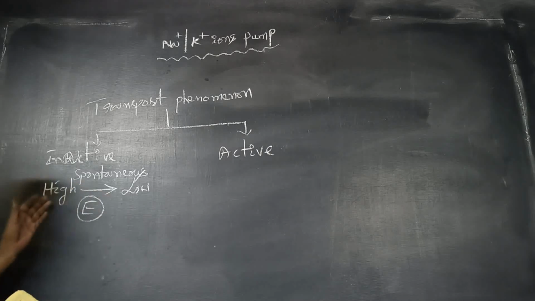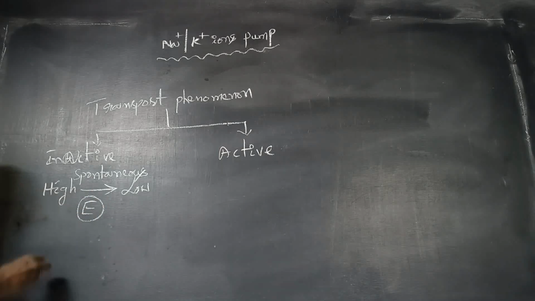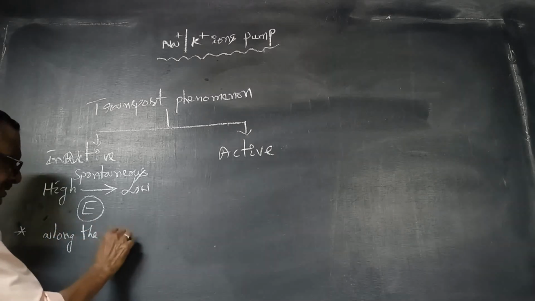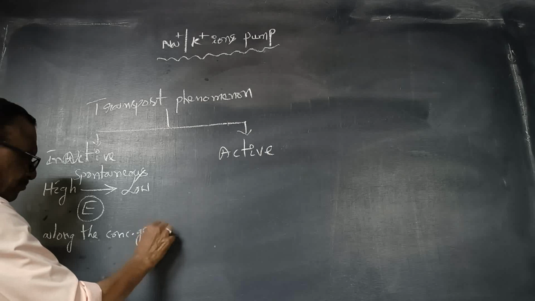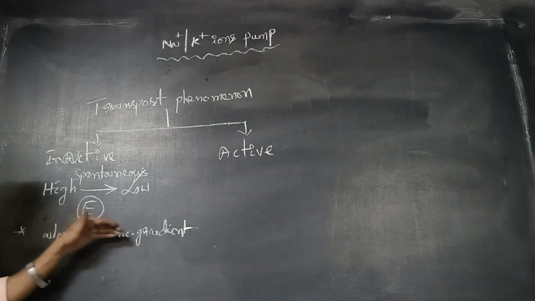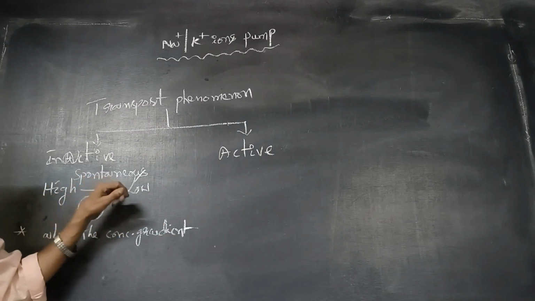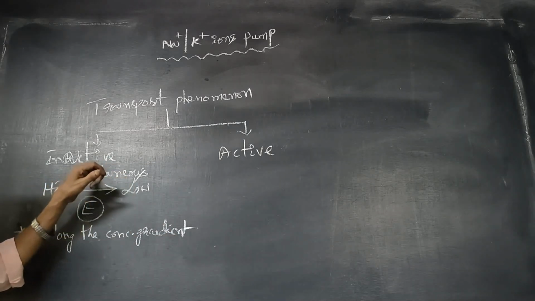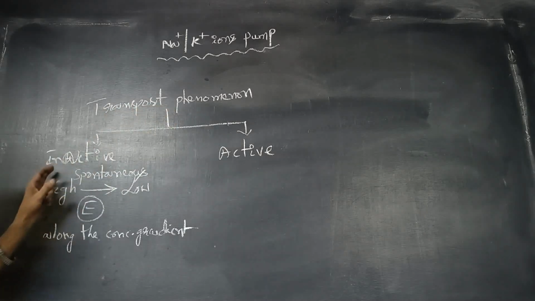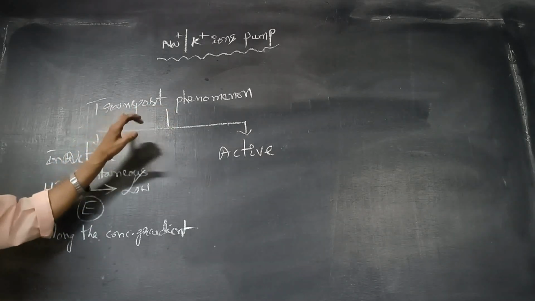That's why ions will move from higher concentration to lower concentration. I will add one more word here: it is moving along the concentration gradient. So with respect to the concentration gradient, ions are moving naturally, a spontaneous process, requiring no energy. Such a transport phenomenon is called passive transport phenomenon.